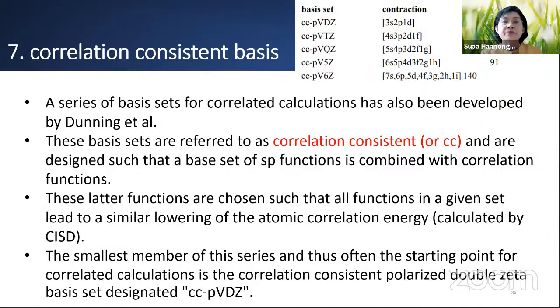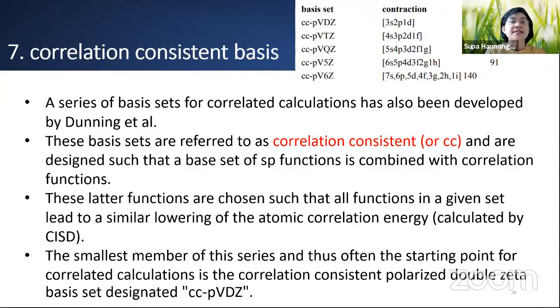Let me introduce to you the last type of basis set. Okay, this is the correlation consistent basis set. It is really advanced, not common, quite advanced and for very specific systems that you will select.